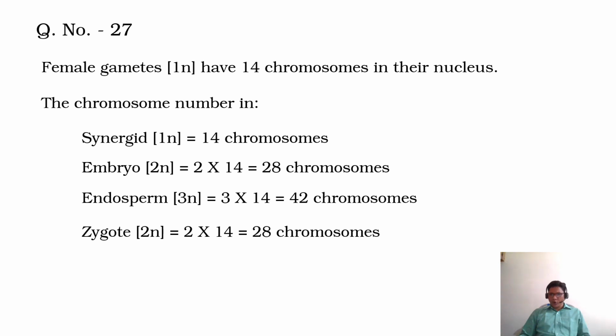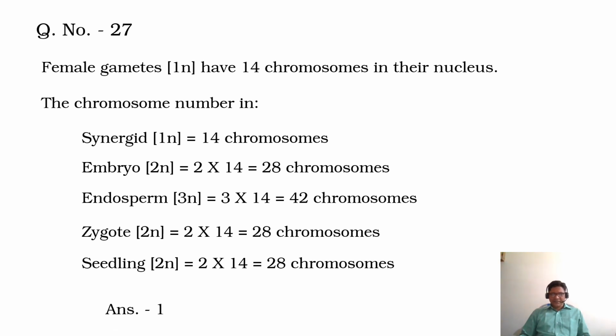Zygote is diploid, again 28 chromosomes. Seedling is also diploid and has 28 chromosomes. So the answer is option 1. 14 chromosomes in synergid, 28 in embryo, 42 in endosperm, 28 in zygote and 28 in the cells of the seedling.